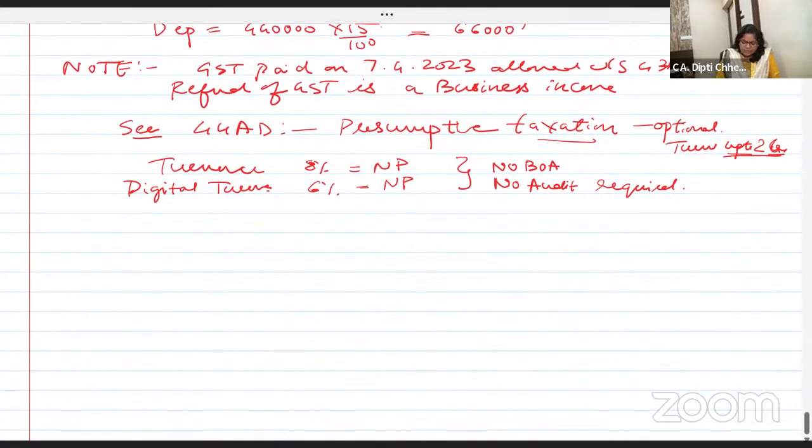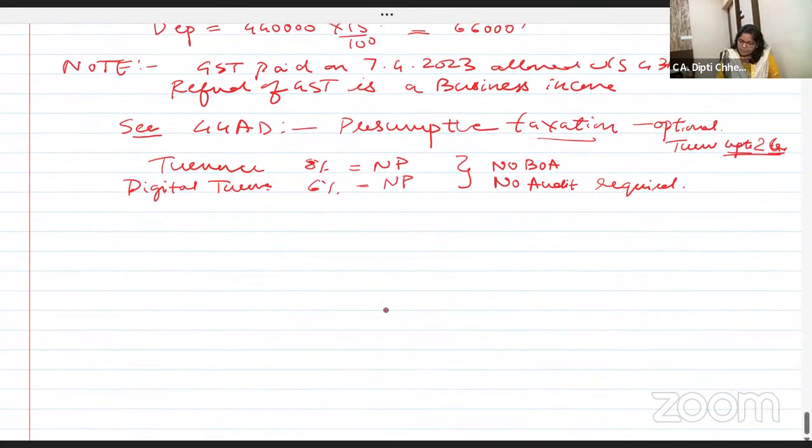साथ में करते हैं इसको. Option 2. What is turnover for Shivam? It's given to you in the first line.